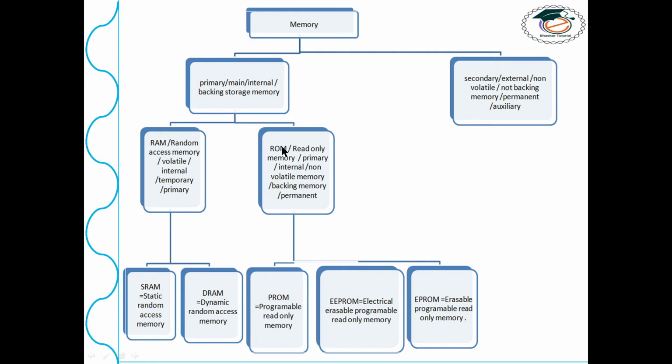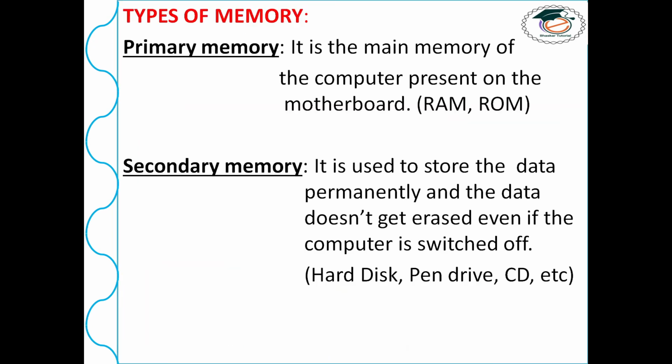ROM is divided into three parts: programmable read only memory, electrically erasable programmable read only memory, and erasable programmable read only memory. In short, I gave you what they are called. So now you see the RAM and ROM, primary memory and secondary memory, it is very clear.